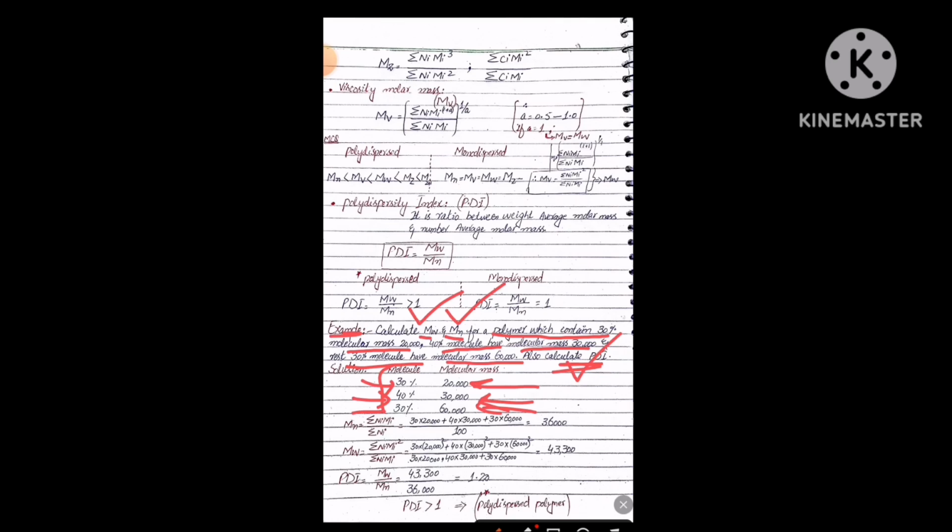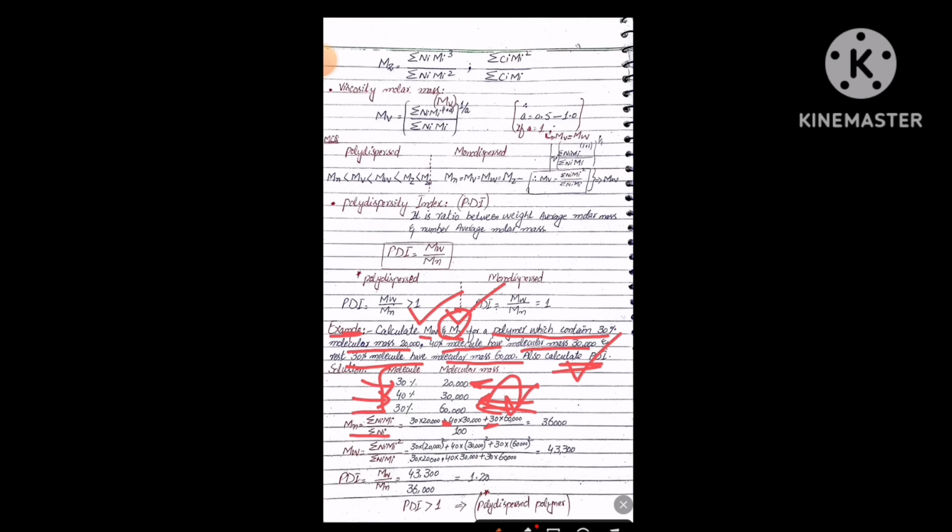First, we will determine Mn, number average molar mass, and we are familiar with the formula. We put in the values. Here 30% or 30 units multiplied by the molar mass 20,000, plus the second molecule, a polymer having 40 repeating units Ni, with Mi 30,000, plus the third polymer having 30 monomeric units in its chain, with molecular mass 60,000.